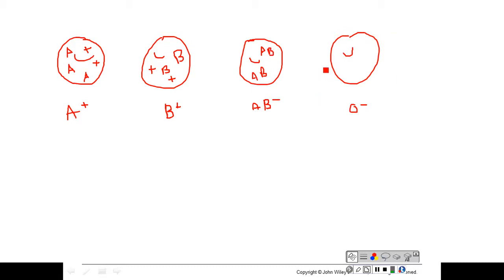This O negative person also cannot receive from this B positive or this A positive, again, because he's receiving antigens that he doesn't normally have on his blood. So unfortunately, while this O negative person can donate blood to this guy, or this guy, this O negative person can only receive blood from other people that are O negative. Which is why if your blood type is O negative and the Red Cross knows about it, they're probably calling you on a very frequent basis asking you to donate.